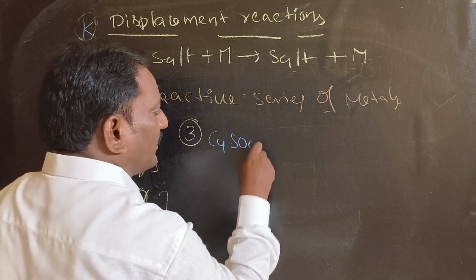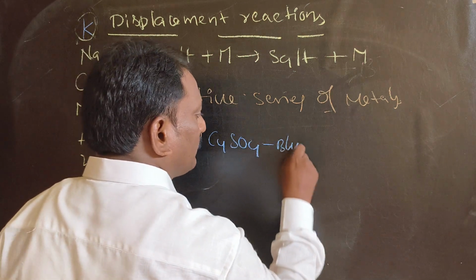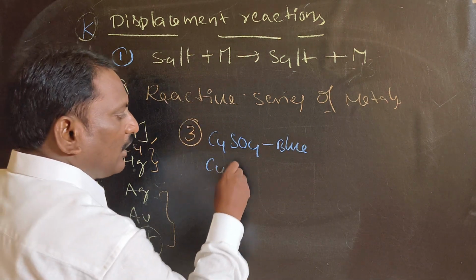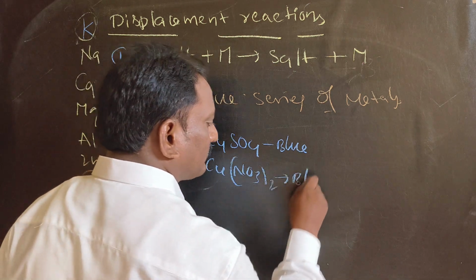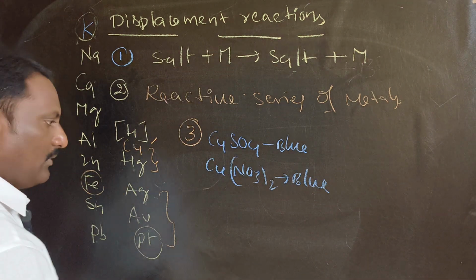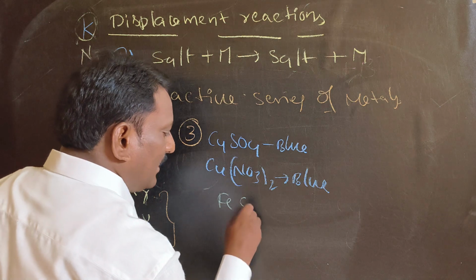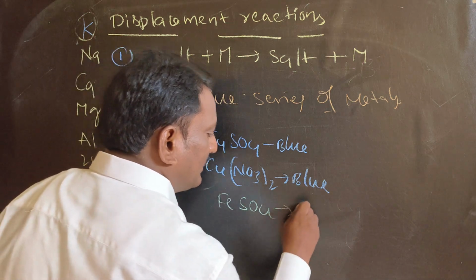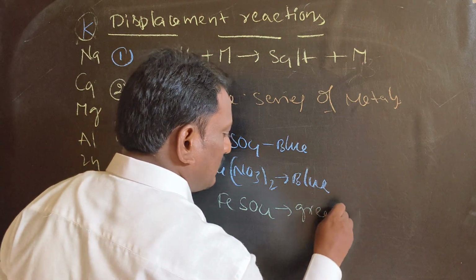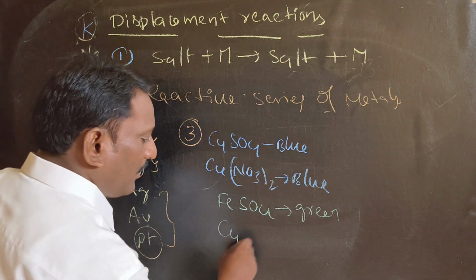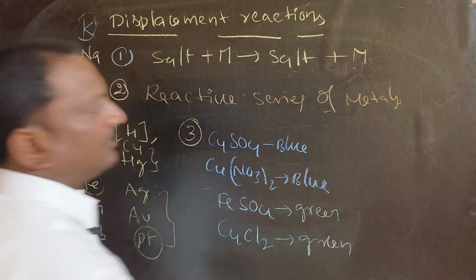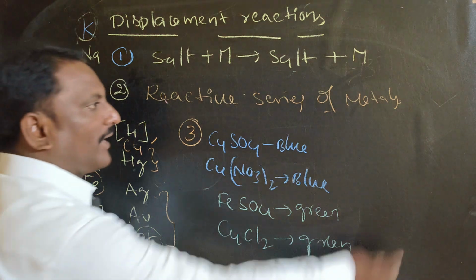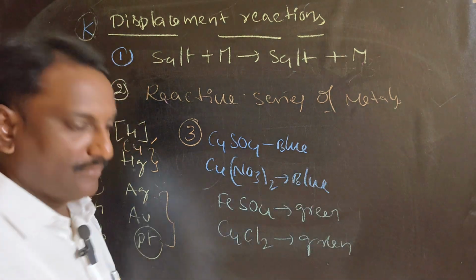Example, copper sulfate, blue color, copper nitrate, blue color, ferrous sulfate, green color, copper chloride, green color. And let me write white color salts here.